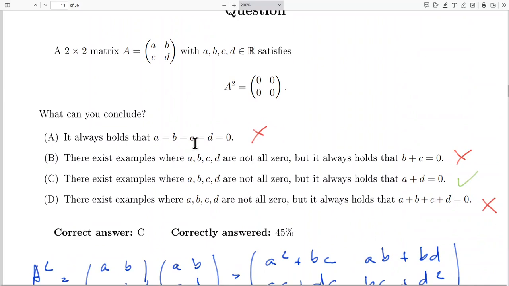Alright, so we have a 2x2 matrix (A, B, C, D) with A, B, C, D elements of R, which satisfies A squared is the zero matrix.